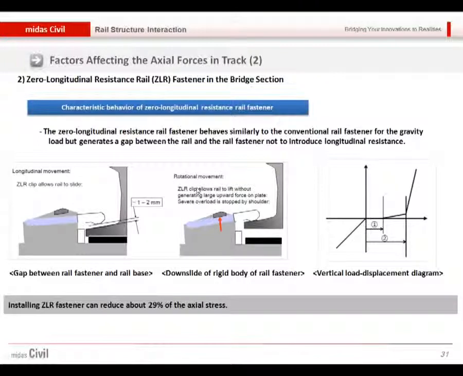So if the axial stress is larger than our expectation, then we can review the installation of the GLR, and installing the GLR fastener will reduce about 30% of axial stress.